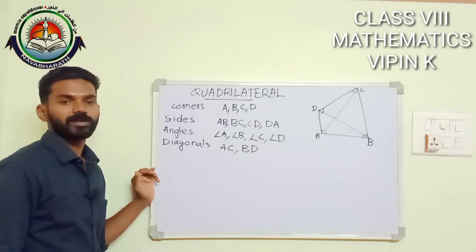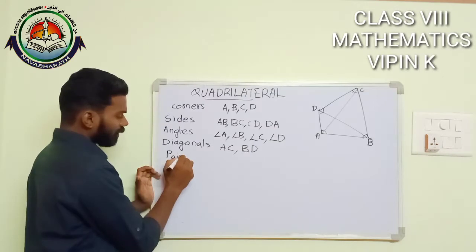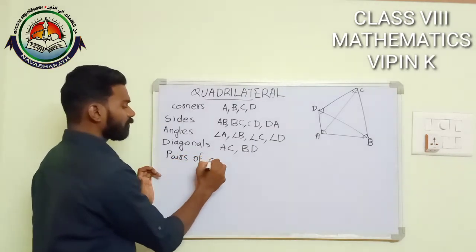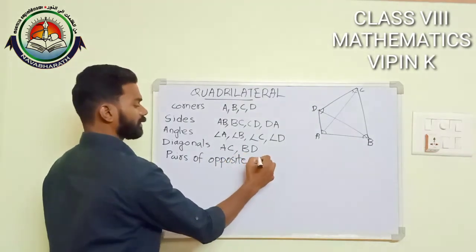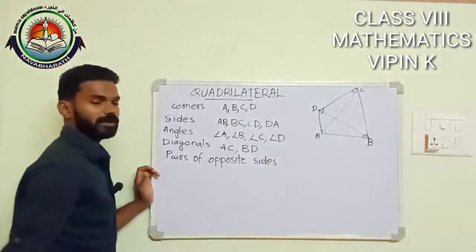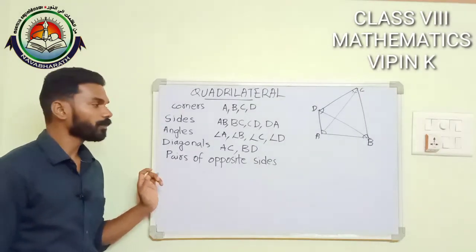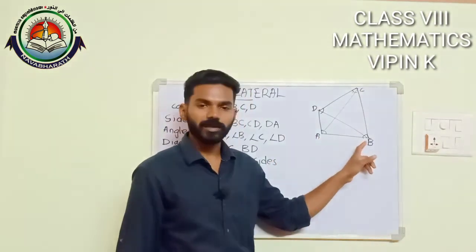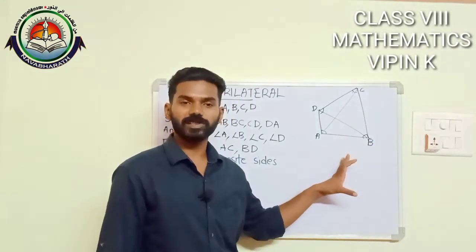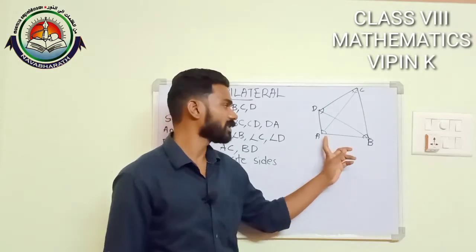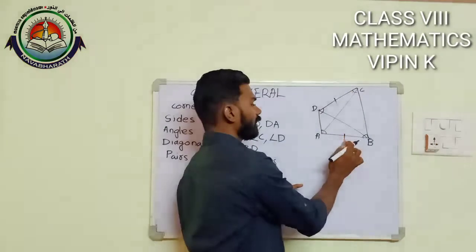Clear? Now I am going to consider another feature called pairs of opposite sides. Consider the side AB. This side AB has an opposite side. Which is the opposite side of AB? The opposite side of AB is DC. Clear?